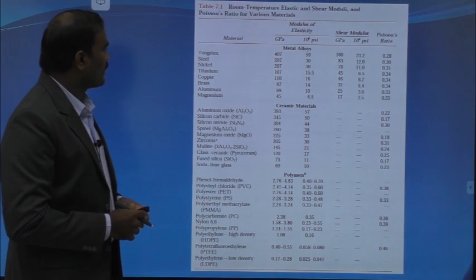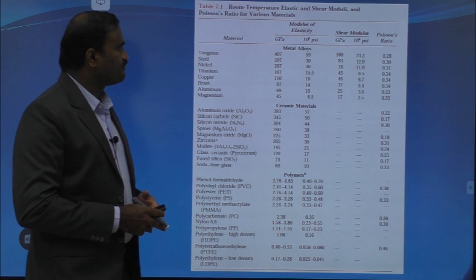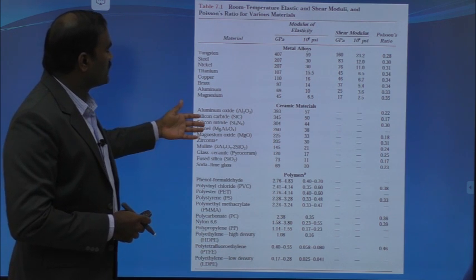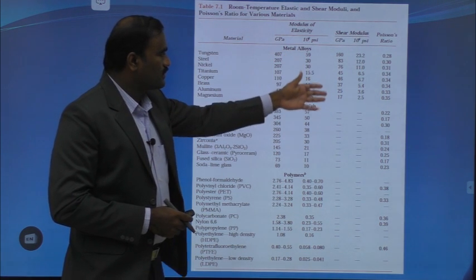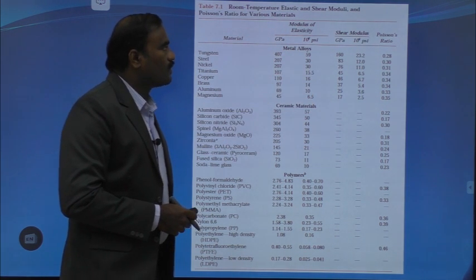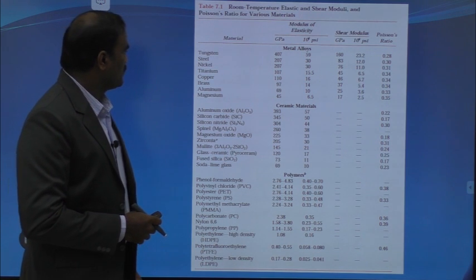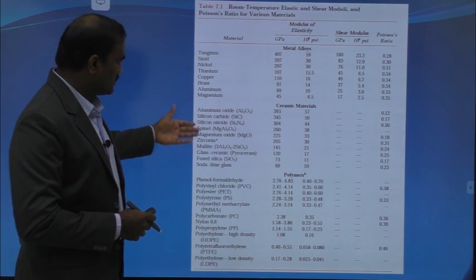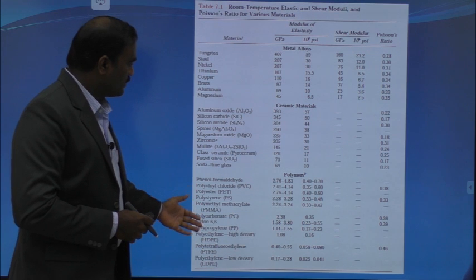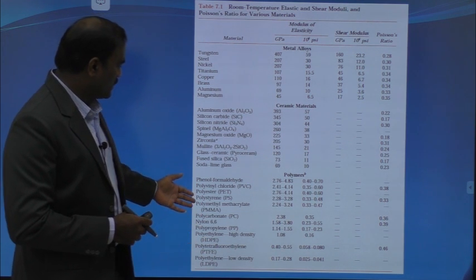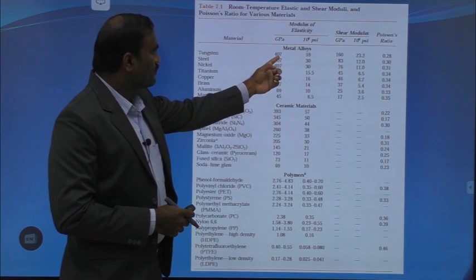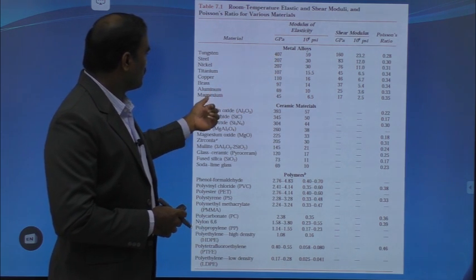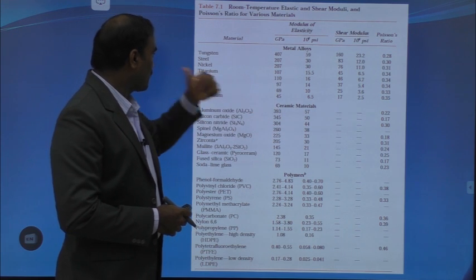Here I have put a slide which represents Young's modulus and Poisson ratio. Now we are going to see what Poisson ratio is, for different metals, ceramics and polymers. You can see here for metals, tungsten is having 59 gigapascal, whereas magnesium is having 45 gigapascal.